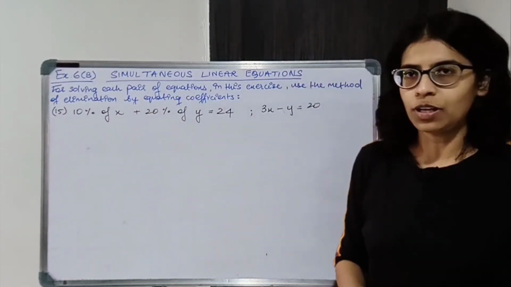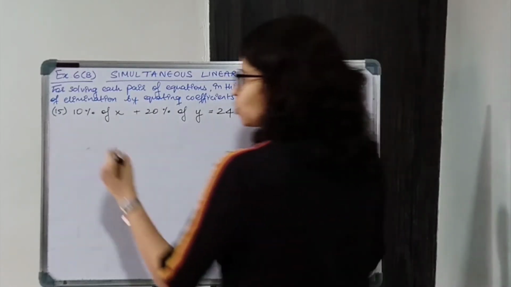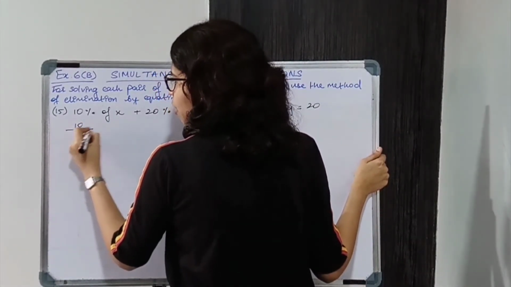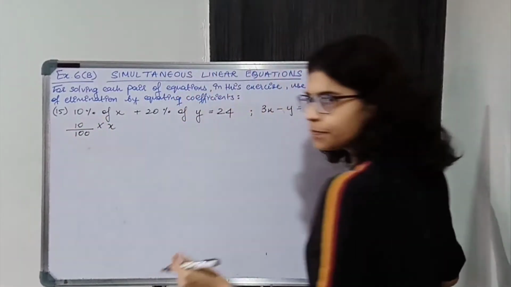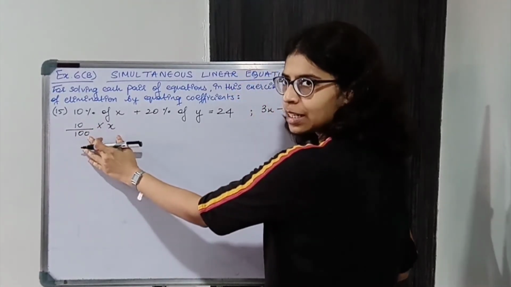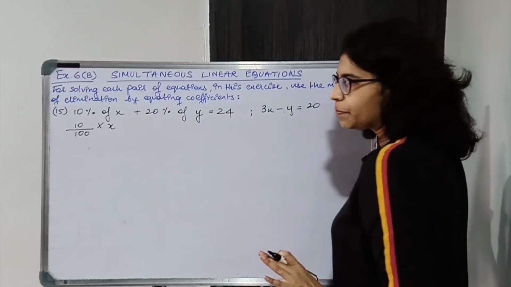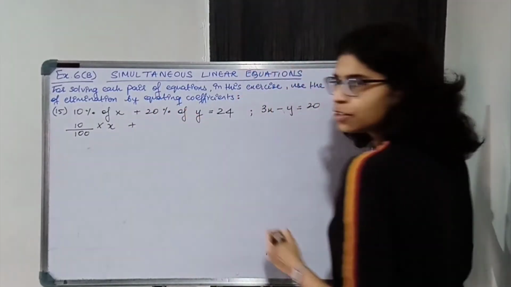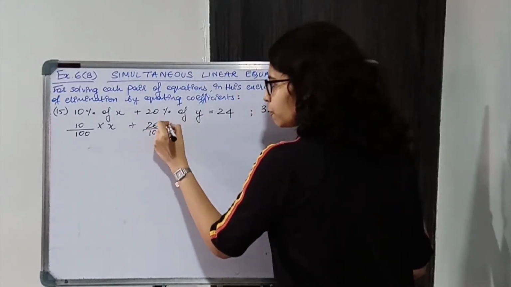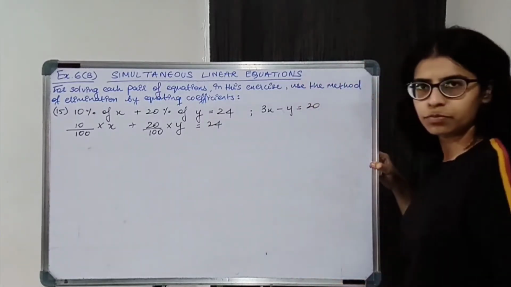10% of x, so 10% is nothing but 10 upon 100. So 10% of x means 10 upon 100, of means into x, plus 20% of y, so 20% is 20 upon 100, of that is into y, is equal to 24.